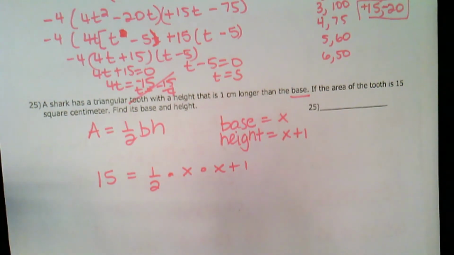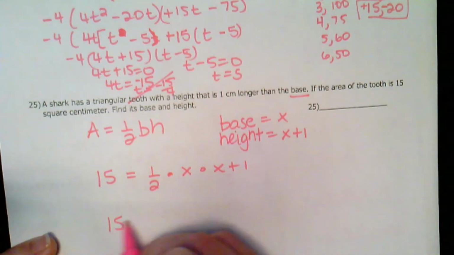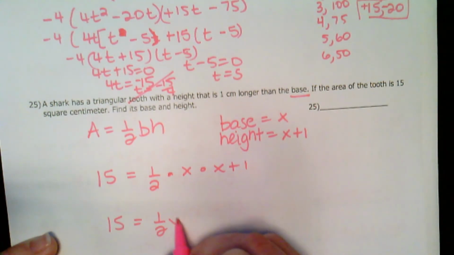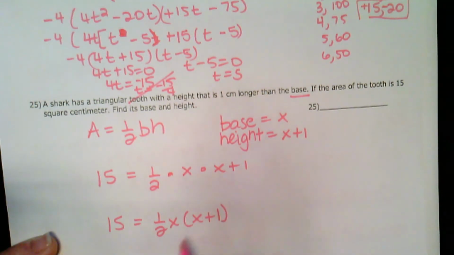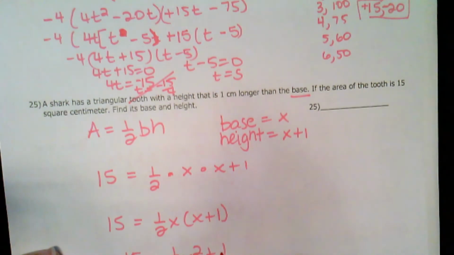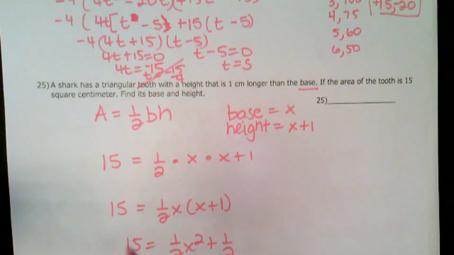And we could just multiply these together. So I just multiplied those. Now I'm going to multiply these. I don't like fractions, so I'm going to multiply everything by 2 to get rid of them.